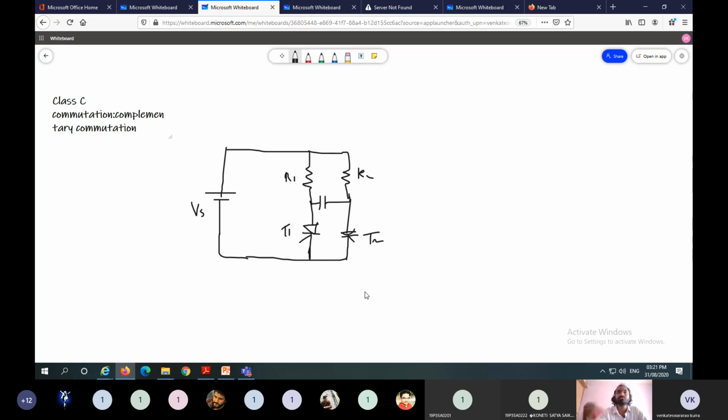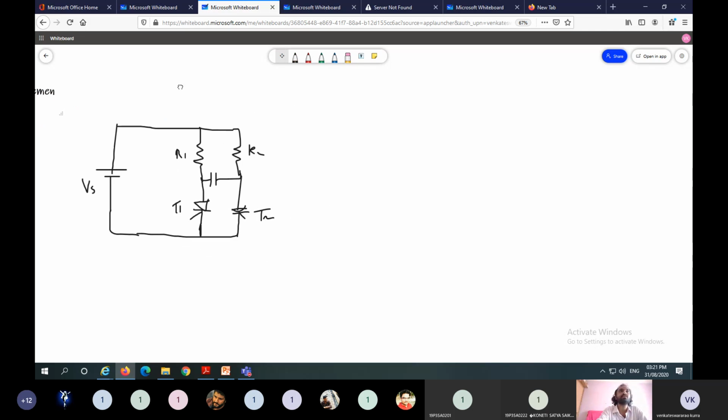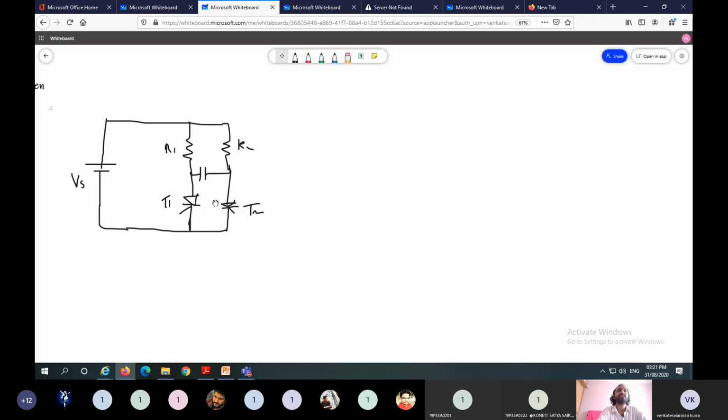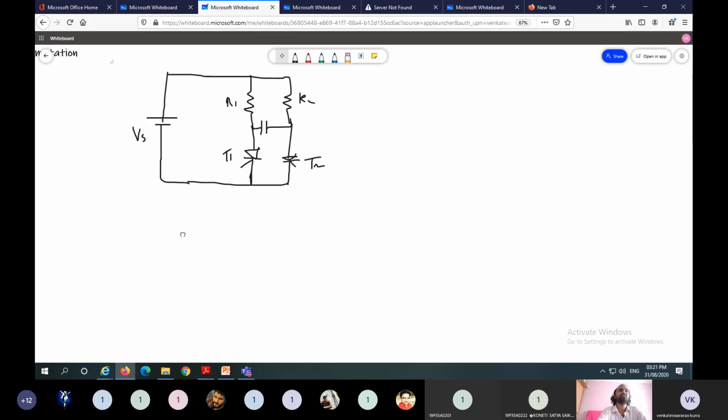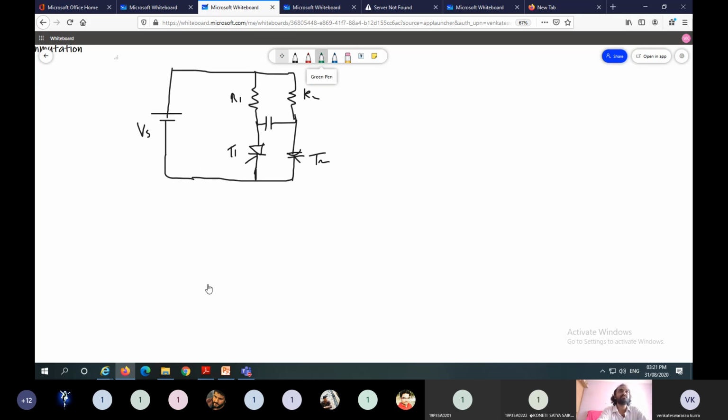This is Vs. Once the capacitor charges to the maximum value, it acts as an open circuit.